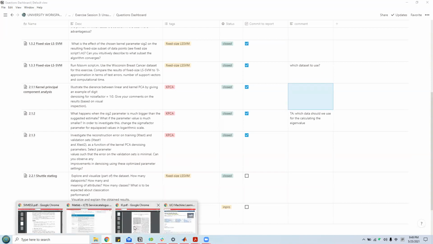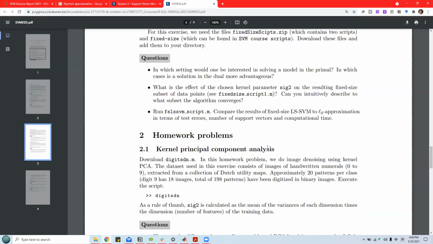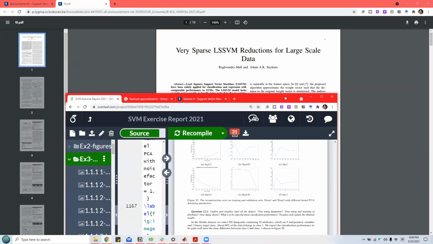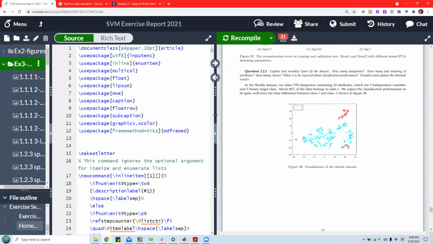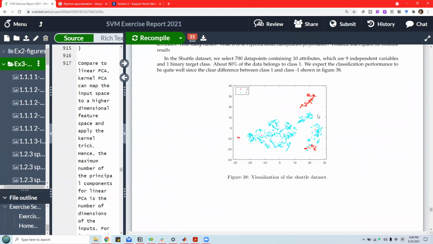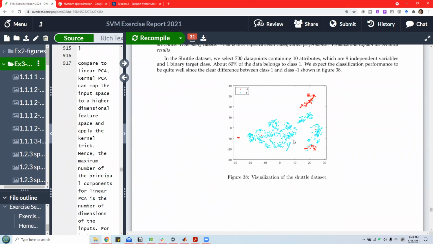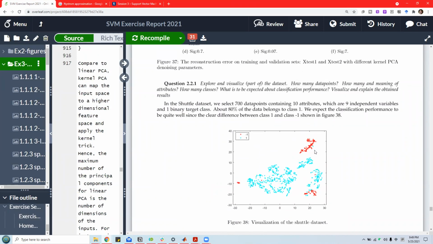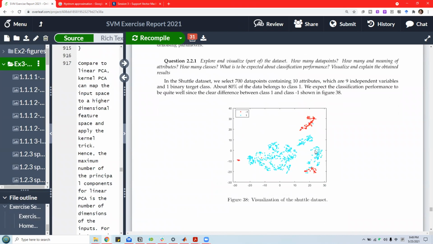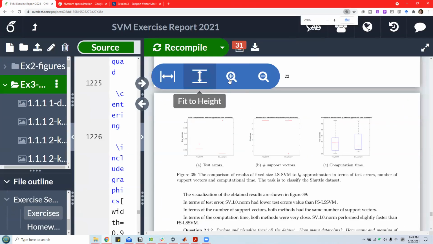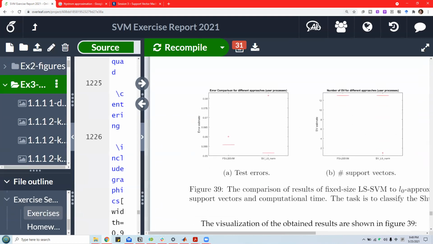So let me check what I get for the Shuttle. I tried to visualize this using the t-SNE plotting, which I also used before in exercise 1. So I get this kind of plot.